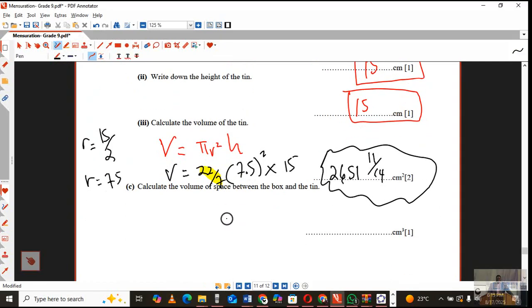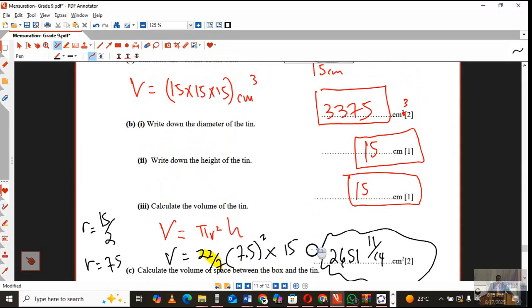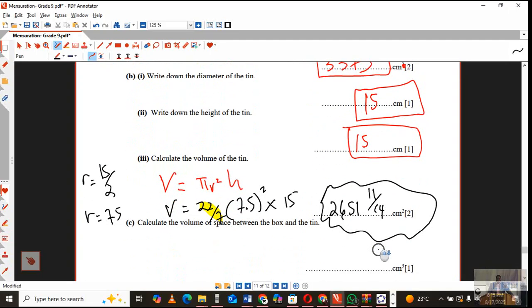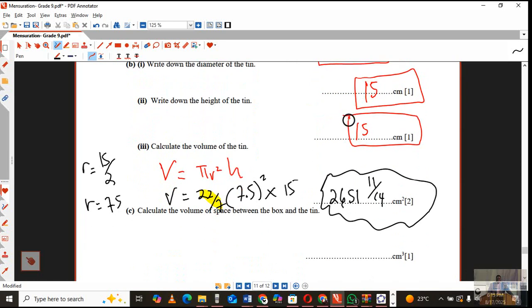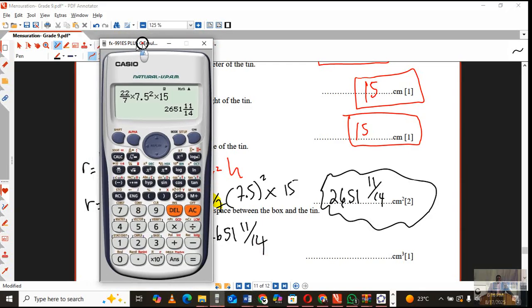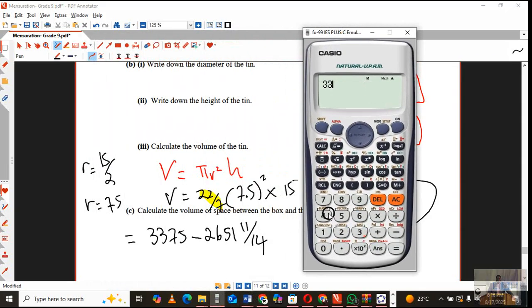They say calculate the volume of space between the box and the tin. So we know the volume of the tin, we know the volume of the box. Of course, the volume of the box is that 3,375. We're just going to subtract the two. Volume of box minus volume of the tin gives you the empty space. So volume of box was 3,375 minus 2,651 and 11/14. Grab your calculator again. So you're going to say the volume of the box, which was 3,375, minus our previous answer.